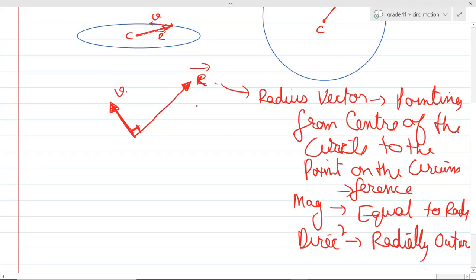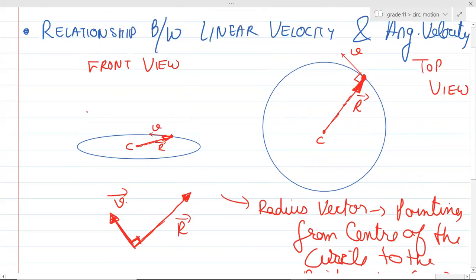Now can you see over here the angle between the v vector and the r vector is basically how much? 90 degrees. Yes or no, guys? And can you see the particle is rotating in which direction? The particle is rotating anti-clockwise, I guess.